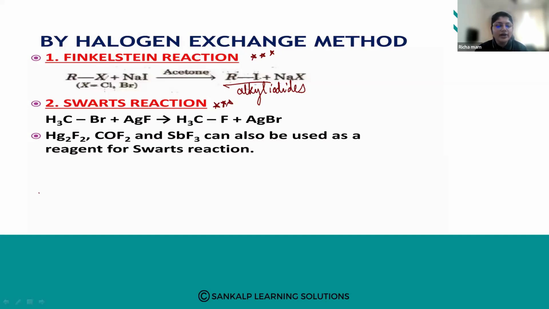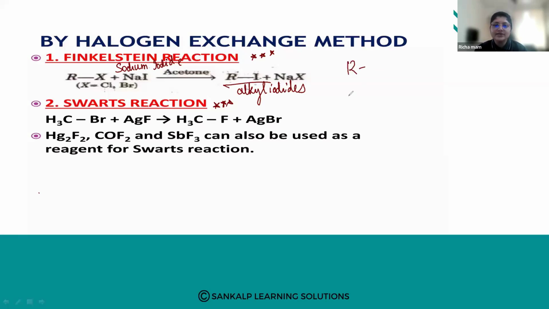It is reacted with sodium iodide in the presence of dry acetone, and it will form alkyl iodide. So this reaction is known as Finkelstein reaction.